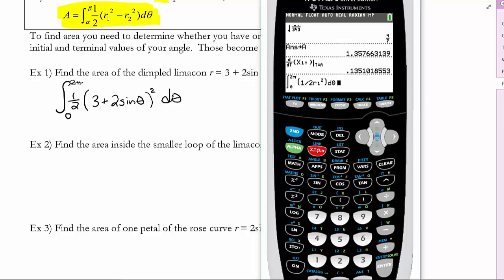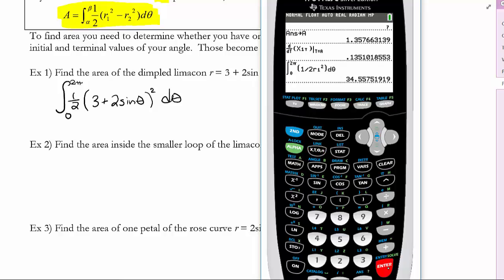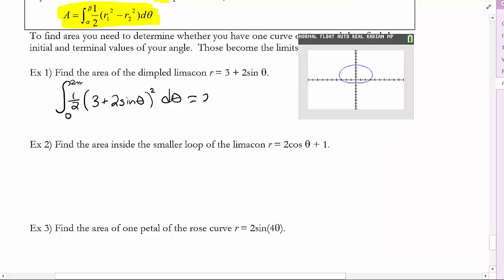And I am in polar mode, so that looks exactly like it should look. And I hit enter, 34.5575. And there's the area. Okay, so that obviously was not that hard.